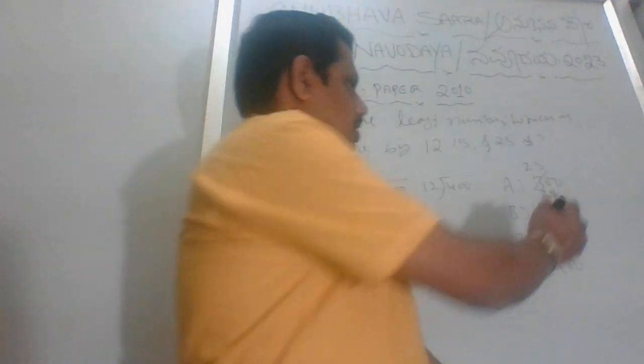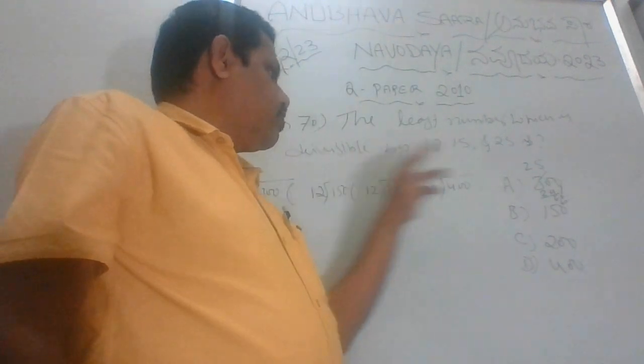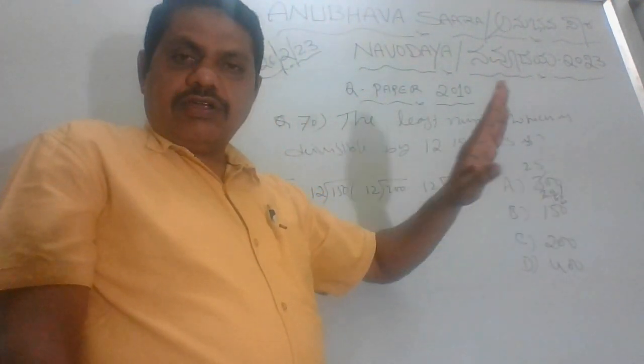Bring down the 0. 12 5s are 60, so it is going without remainder. It is divided.